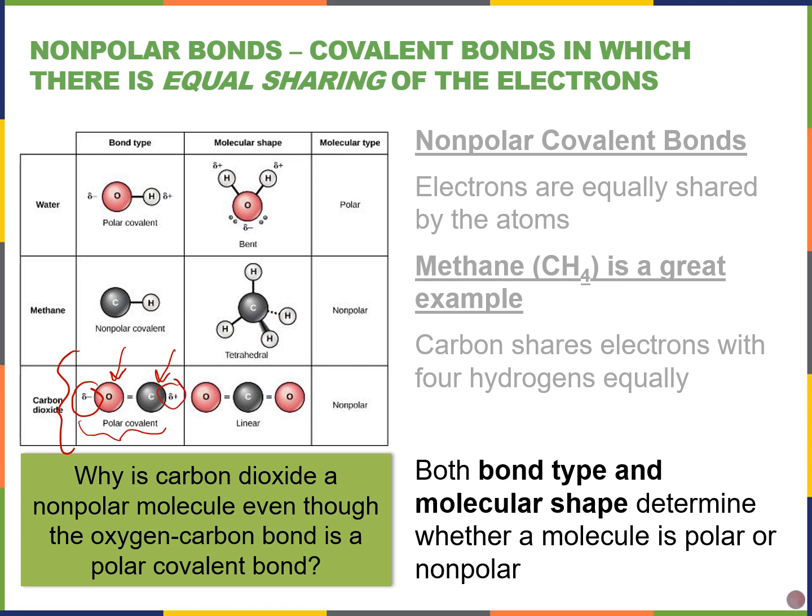The molecule CO2, or carbon dioxide, is actually nonpolar overall because of its linear structure. There's an equal pull of electrons to the left and right by the two oxygens on either side of the carbon atom. So both the bond type and the molecular shape are important to determine if a molecule is polar or nonpolar.